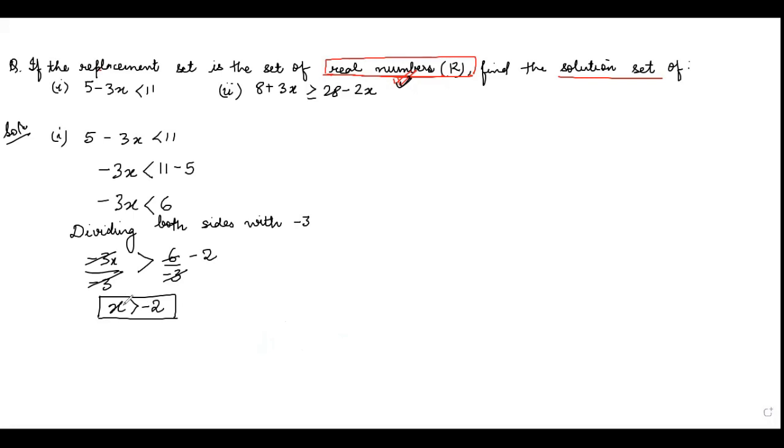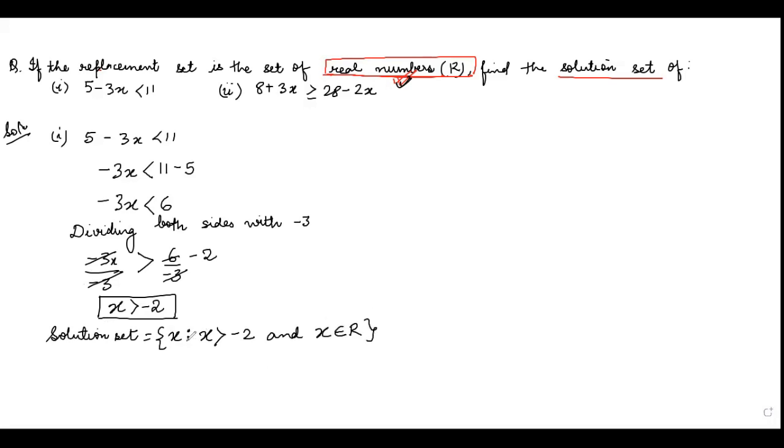So here we cannot express it with roster form. We will be expressing it with this set builder form. How will we write it? Solution set is equal to, what is the syntax? Syntax is write the variable name first, colon, then this inequality x greater than -2, and then we write this replacement set which says x belongs to real numbers.